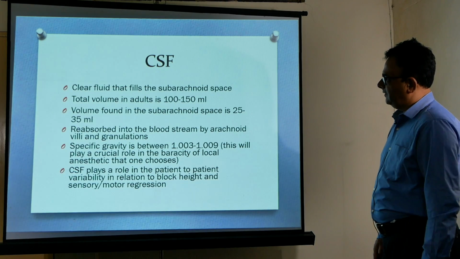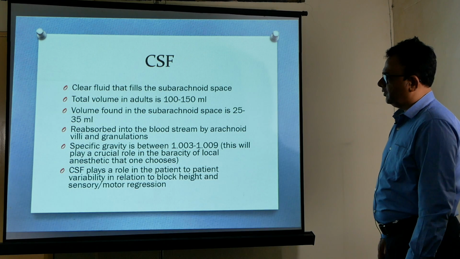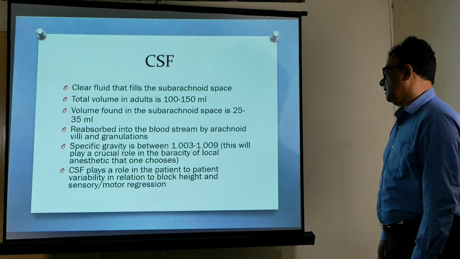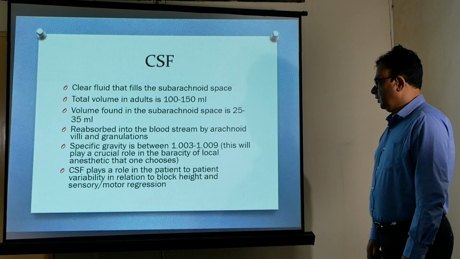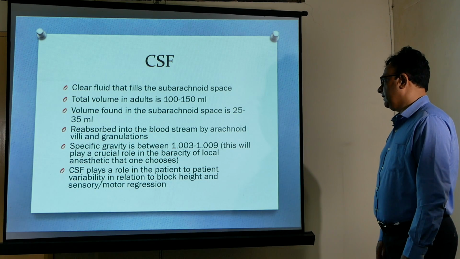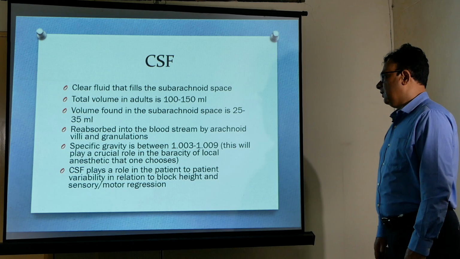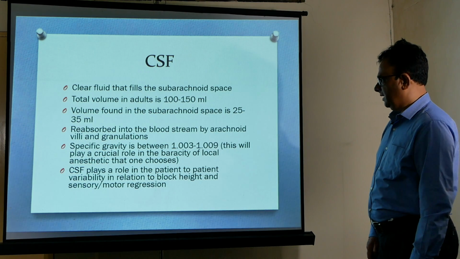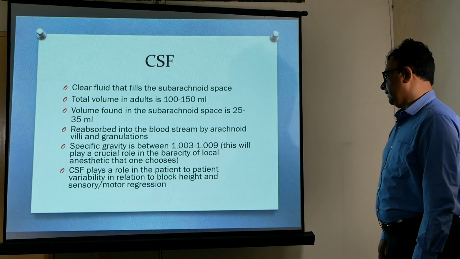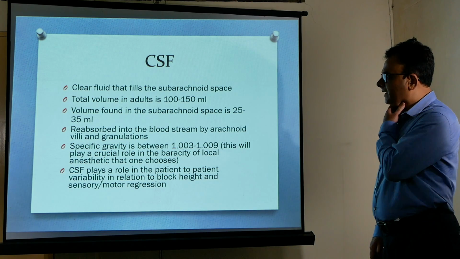Now CSF. Cerebrospinal fluid is a clear fluid that fills the subarachnoid space. Total volume in adults is 100 to 150 ml. Volume found in the subarachnoid space is 25 to 35 ml. It is reabsorbed into the bloodstream by arachnoid villi and granulations.